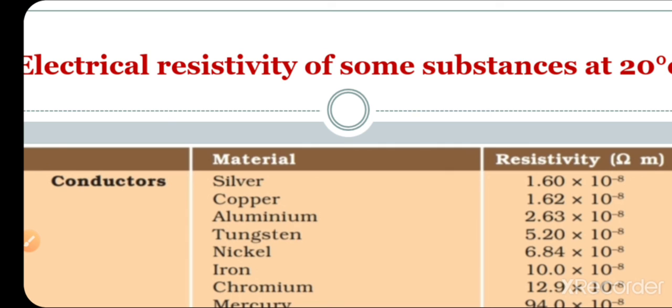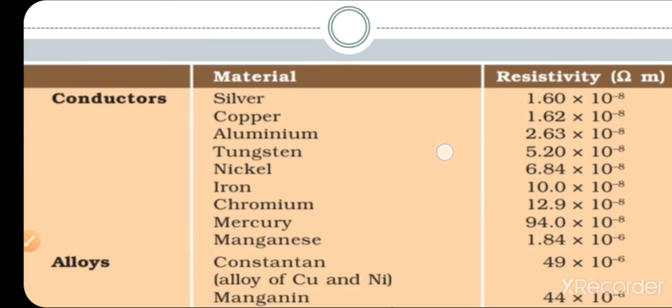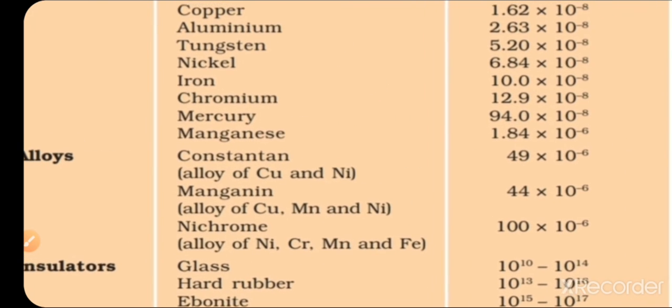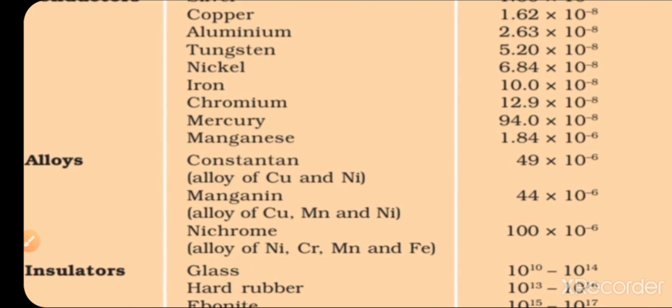In fact, it is the best conductor among the metals. Next is copper, then aluminium, tungsten, nickel, iron, chromium, mercury and manganese. So this resistivity keeps on increasing here.